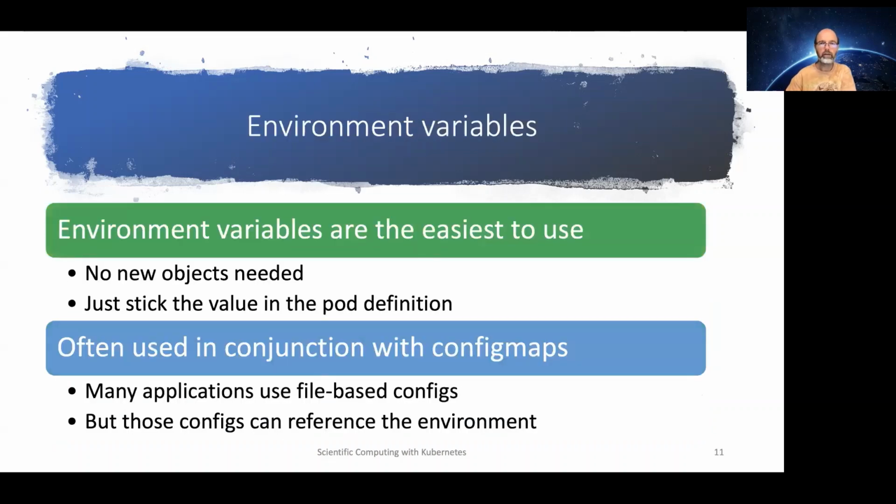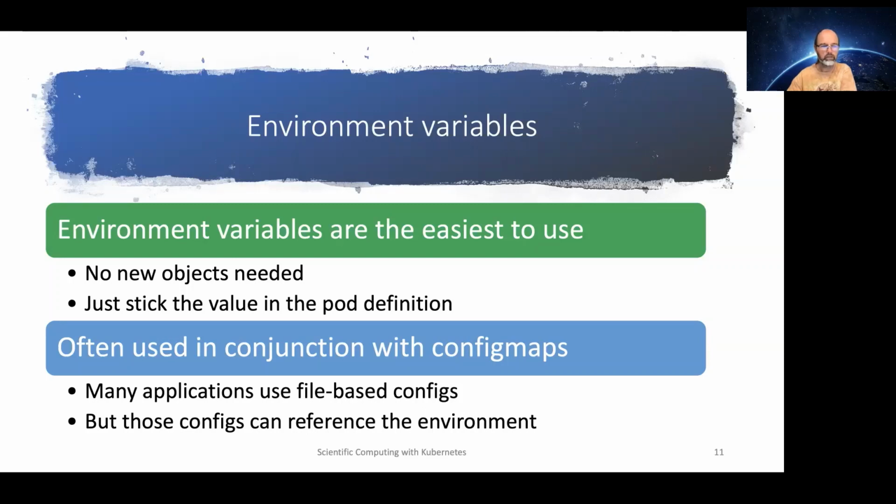And finally, the environment variables. You can inject any environment variable you want with any value in the runtime of any container you own. And they're easy because you don't need to create an object like you have to do with config map. You just specify the environment variable name and value at pod launch time, and it will show up when the process starts inside the container.